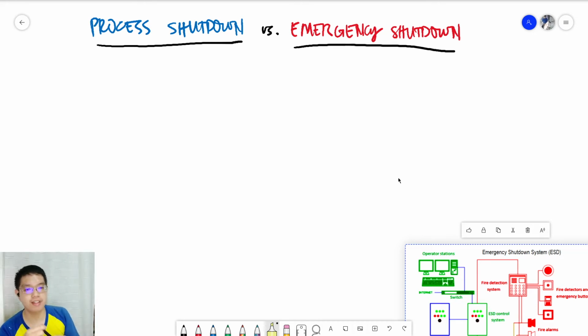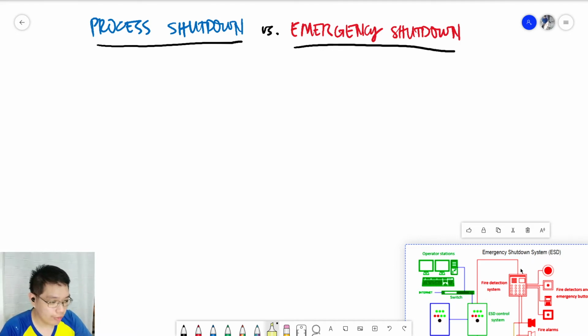A shutdown is basically shutting the system off entirely, and process and emergency shutdowns differ from a regular shutdown mainly because they are done in order to prevent accidents or major mishaps from failures occurring.